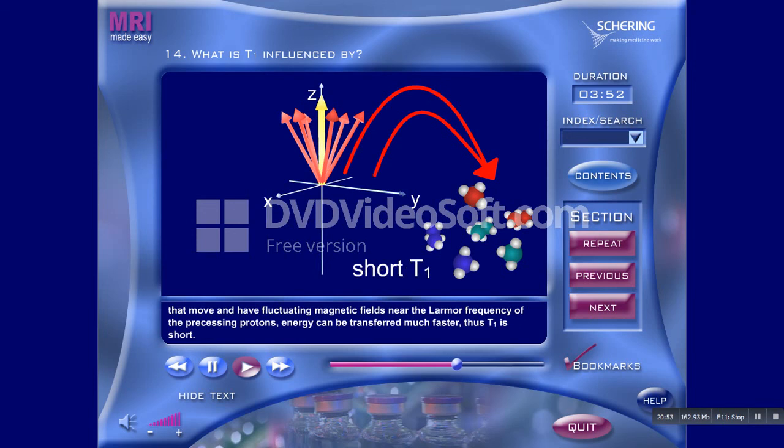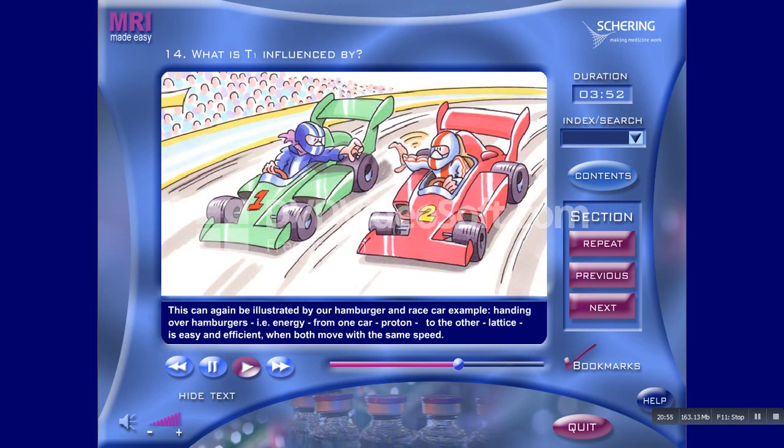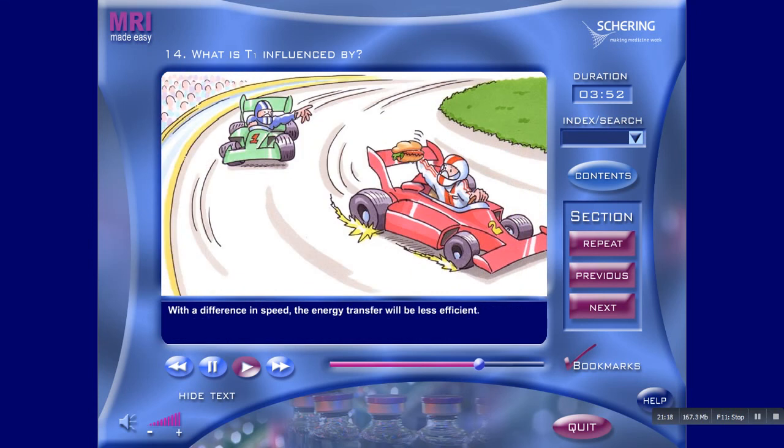This can again be illustrated by our hamburger and race car example. Handing over hamburgers, in other words, energy, from one car, proton, to the other, lattice, is easy and efficient when both move with the same speed. With a difference in speed, the energy transfer will be less efficient.